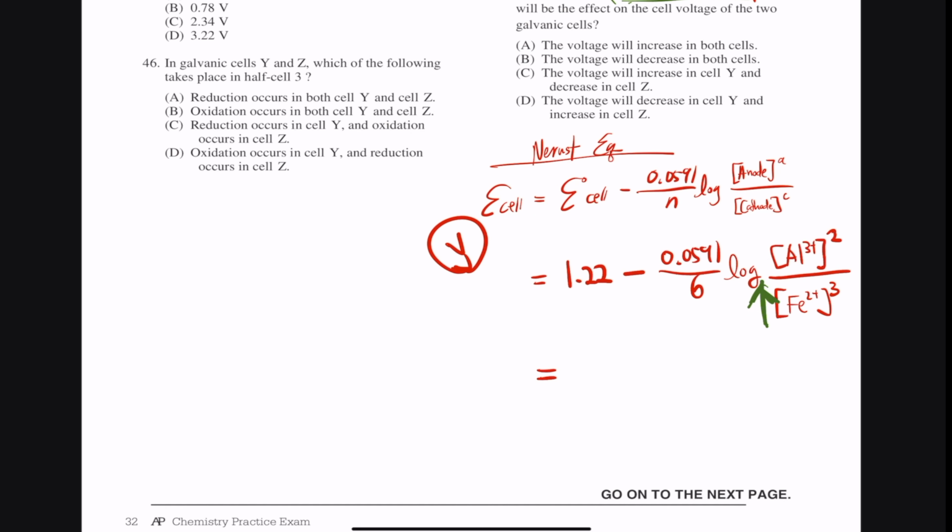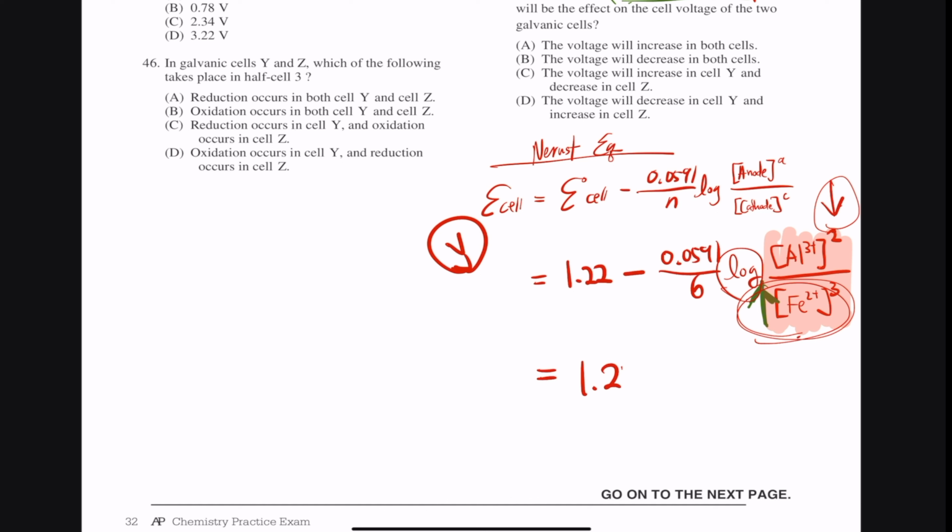Well, not as big, but if you increase log of x, and x is bigger and bigger, the value is going to get bigger and bigger. So if your denominator is going up, then this whole expression is going to go down in value. Log of a smaller number is going to be an even smaller number, perhaps even negative.